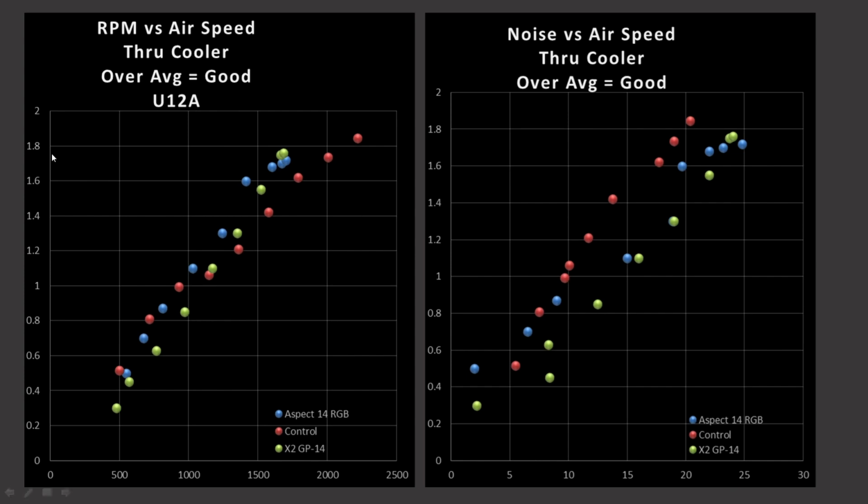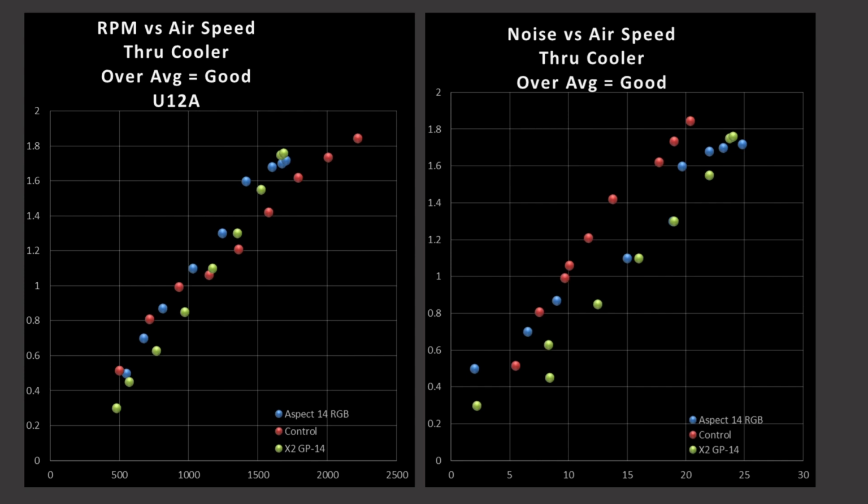First and foremost, on these graphs, upper left is going to be better performant fans. Bottom right is going to be worse performing fans. So the left graph here is RPM versus airspeed. This is fundamentally a blade efficiency graph. The control fan is the same 3 parts A12X25 to 1 part A14 in this test.